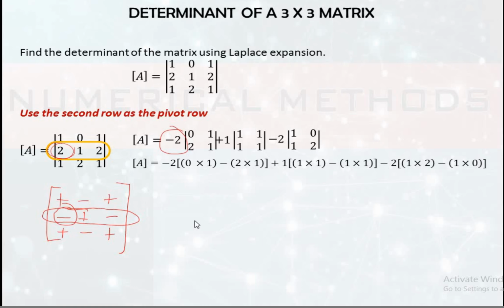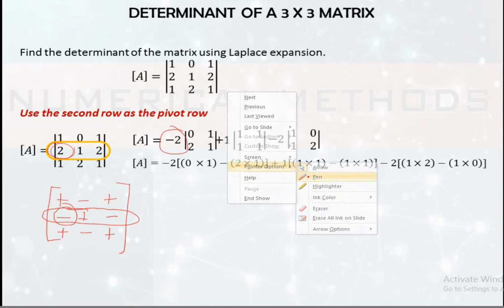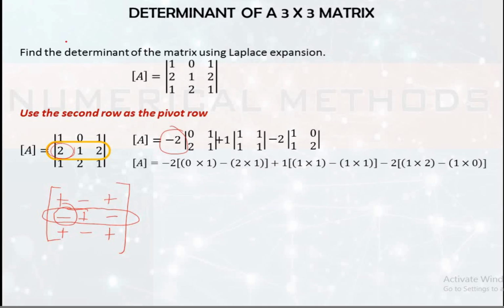The determinant of matrix A, negative 2, take the product, 0 times 1, minus 2 times 1.